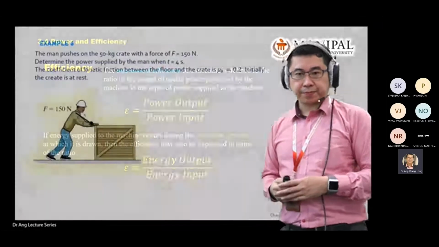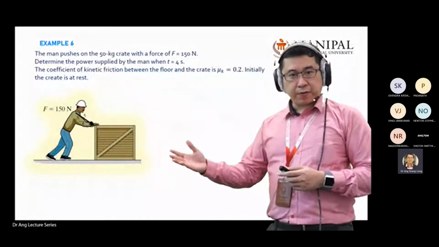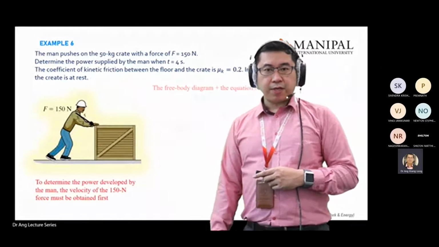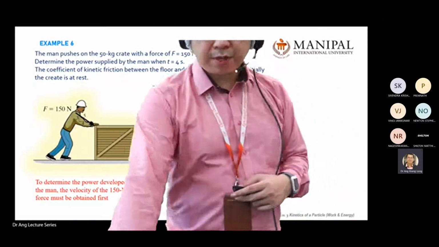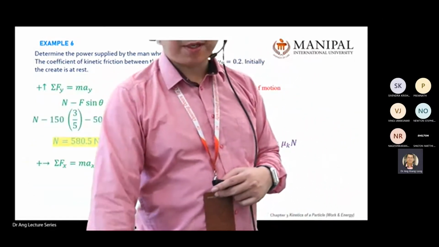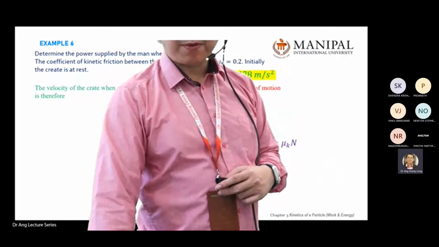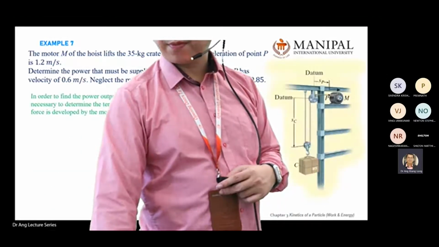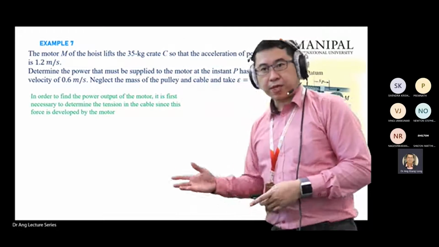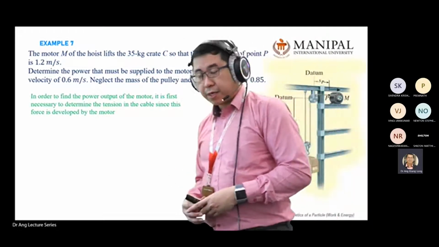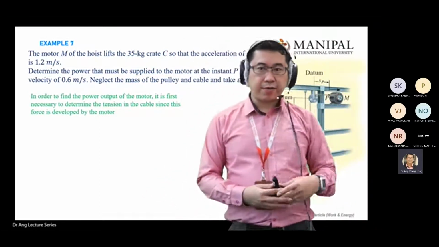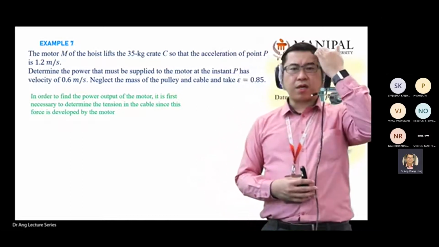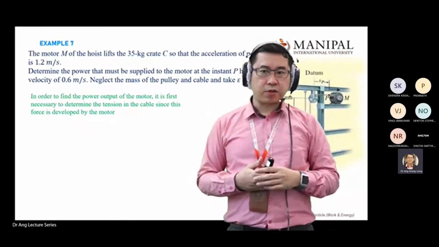Previously we looked at example number 4. We will look at one more example, so I will skip this example and go to example number 7. If you open up your tutorial handouts, you will have this question.